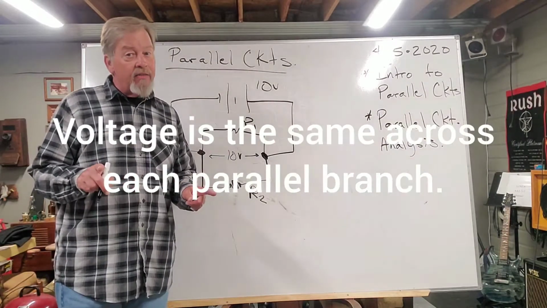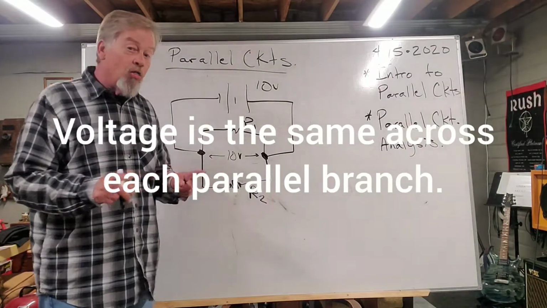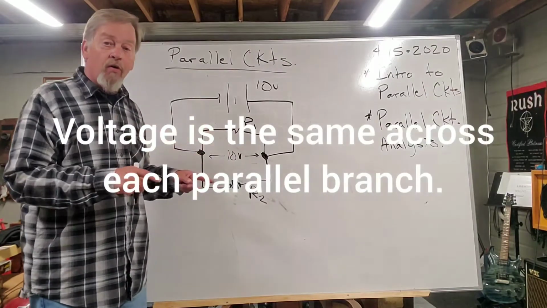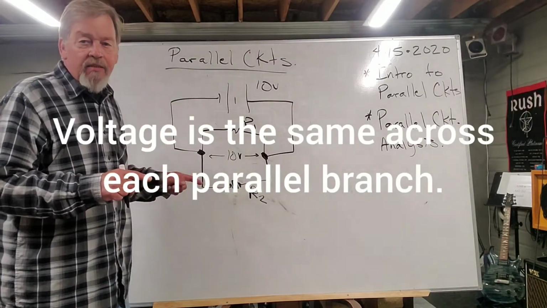Current divides more than one path. All the paths are connected back to the same 2 points, so the voltage across each one of these paths is the same.